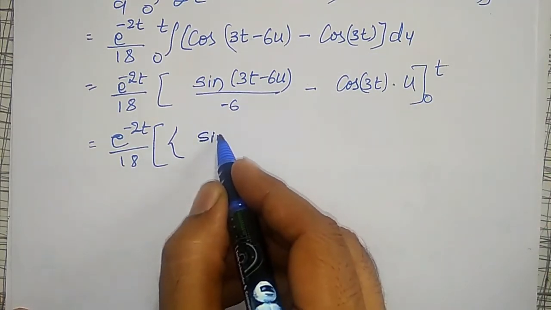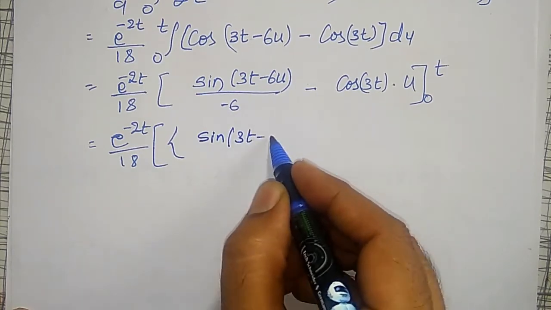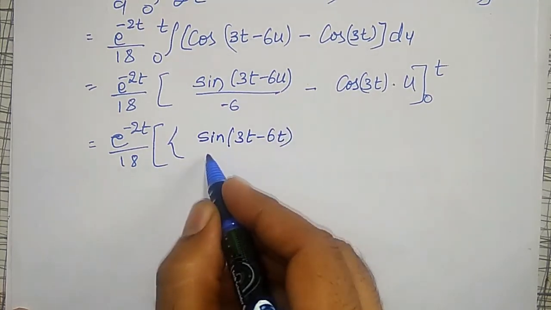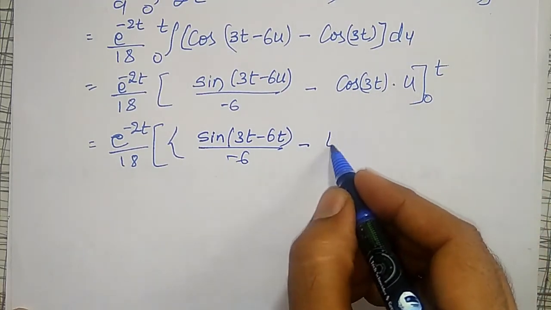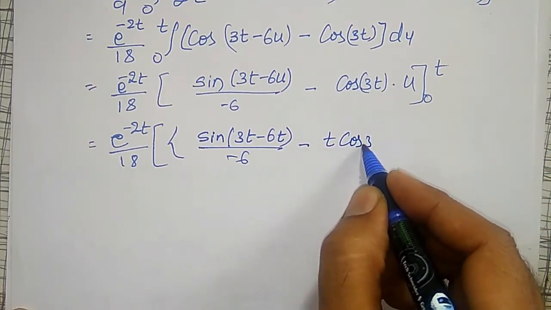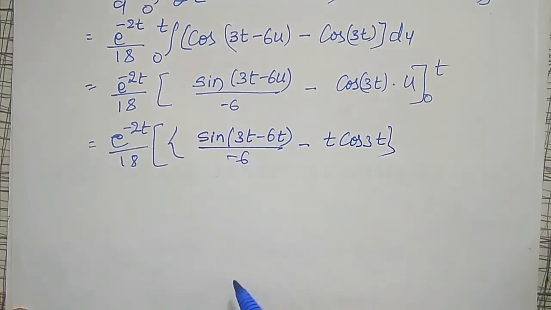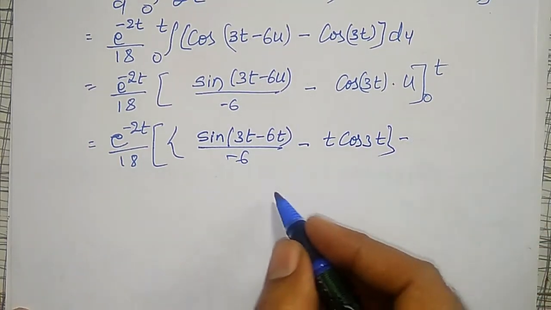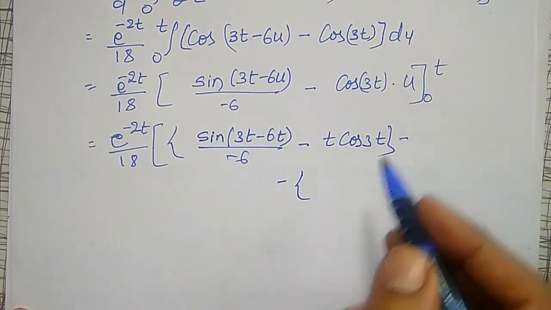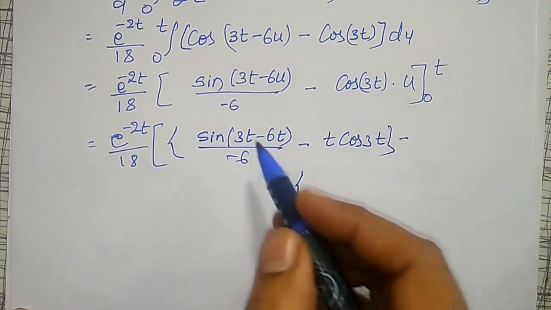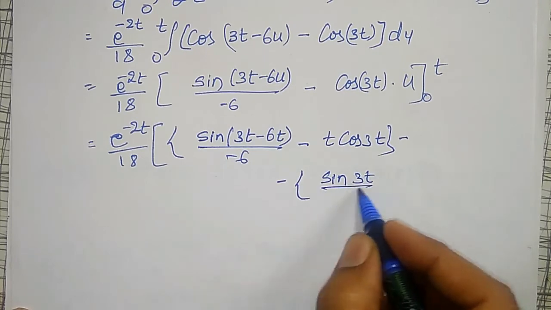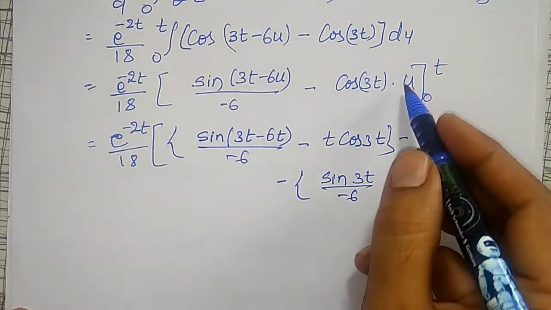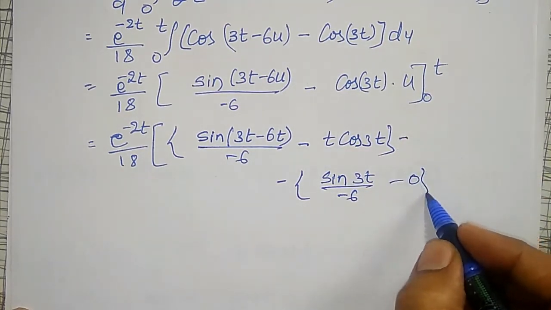Sine of 3t minus 6t divided by minus 6, minus u equal to t, t into cos 3t. Okay, minus lower limit, u equal to 0. That will become sine of 3t divided by minus 6, and this will become 0.